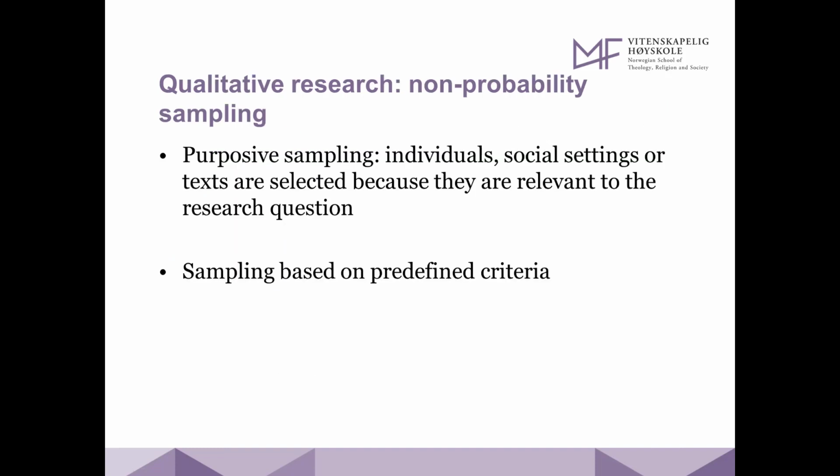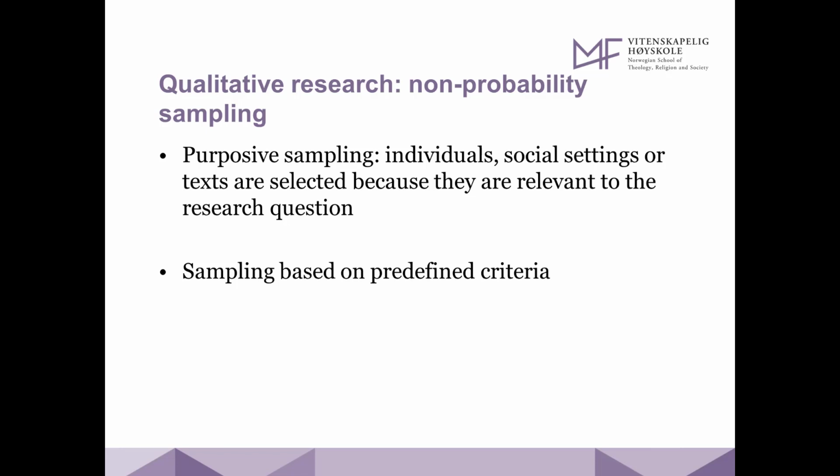In qualitative research, sampling works quite differently. That's also because the research objectives are different. And the type of sampling we use in qualitative research is called non-probability sampling. That means that individuals, social settings, texts are not selected randomly, but chosen on purpose.